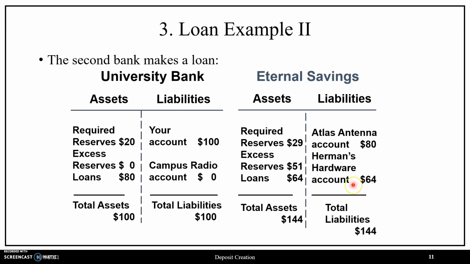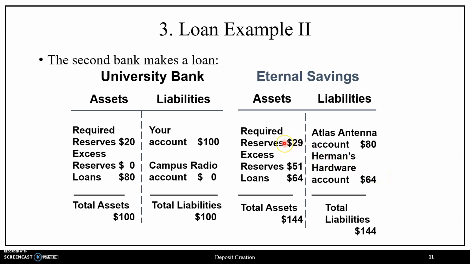But at the same time, Herman's Hardware now must pay Eternal Savings $64, so this shows up on their asset sheet as well. Summing these components, we have our assets equaling our liabilities, 144 equaling 144, where our total deposits will be $144, these two firms' checking account balances.